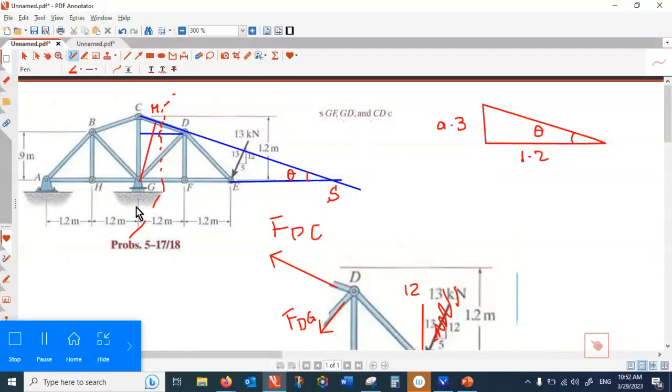So now all I need is to find GM. Okay, tan theta is 0.3 over 1.2, which is 1 over 4, right?